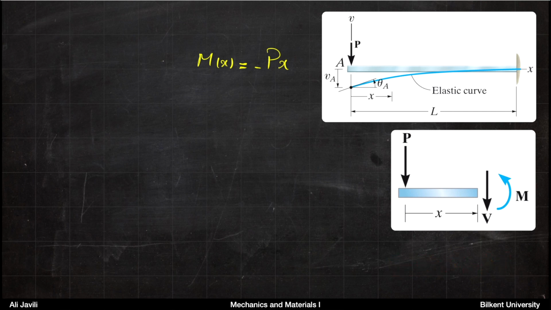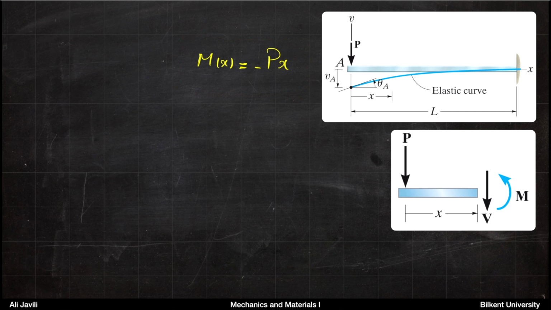But also, if you wanted to calculate the shear force, it would be very simple. So V would be simply minus P here. But you can imagine that M is minus Px.